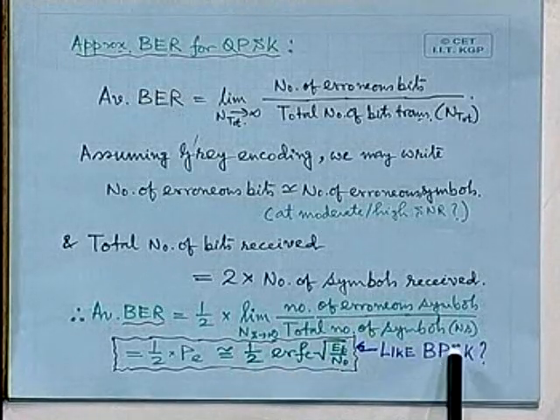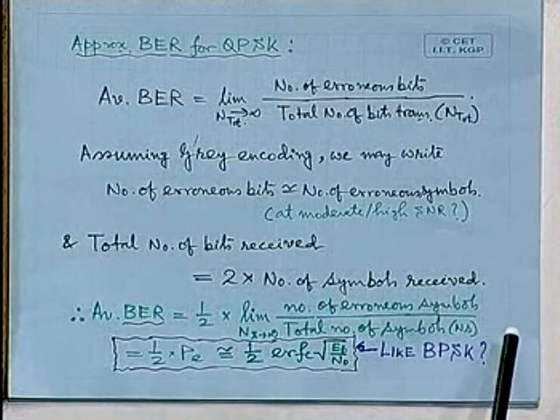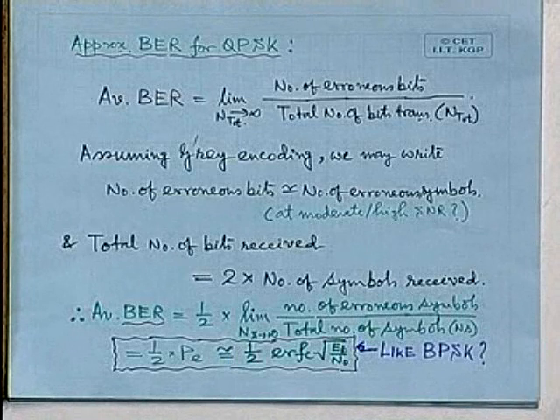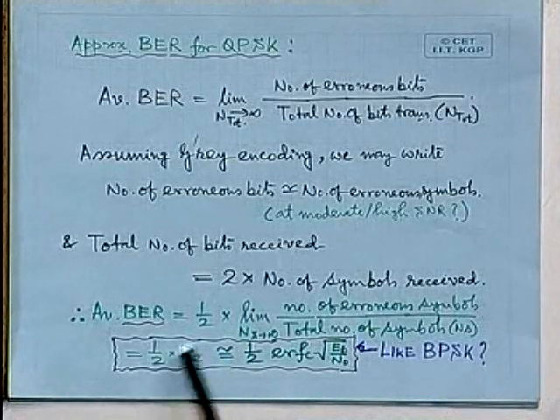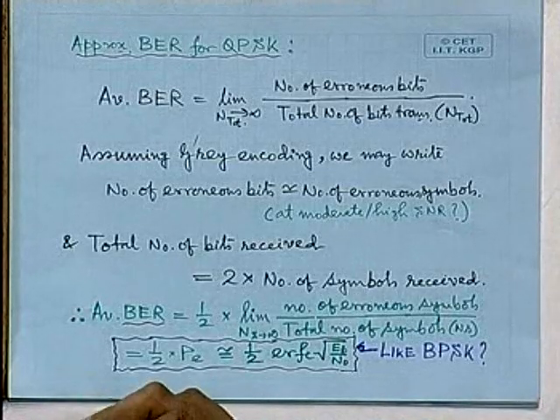The total number of symbols I am calling N_S, which is half the total number of bits transmitted, with N_S tending to infinity. This expression is half of P_E, which is half erfc root over E_b/N_0. My symbol error rate was erfc root over E_b/N_0, and my bit error rate approximately is half erfc root over E_b/N_0, and we recognize that this approximate expression is identical to the bit error rate expression for BPSK.